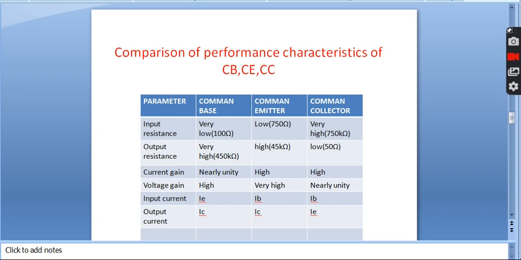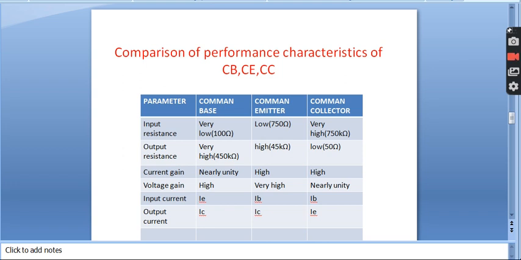Now look at the comparison of performance characteristics of CB, CE and CC. One thing we have to observe is that in any of the three configurations, the output characteristics have three regions: active region, cutoff region and saturation region.